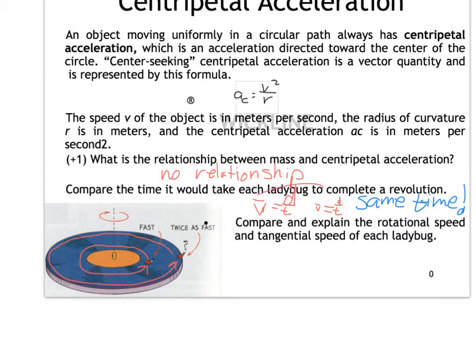Using information from this comparison, we can compare their rotational speed and tangential speed. Rotational speed just means how fast the record is rotating, and obviously all points on the record are rotating at the same speed. So at least rotationally, they're completing 360 degrees of rotation in equal time periods. That gives you the same rotational speed.